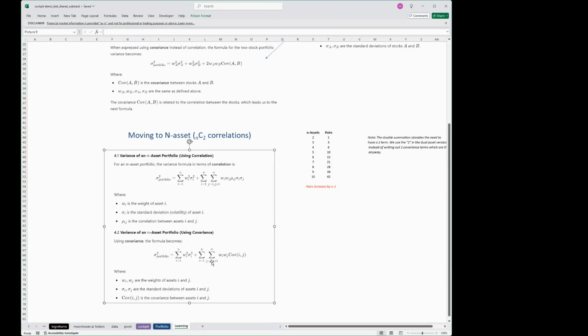And then there's this double summation of the weight of I times the weight of J times the covariance of I to J. This term looks nasty, so we're going to learn exactly how we compute it, and how you do this in Excel or in code. We're going to get to that.